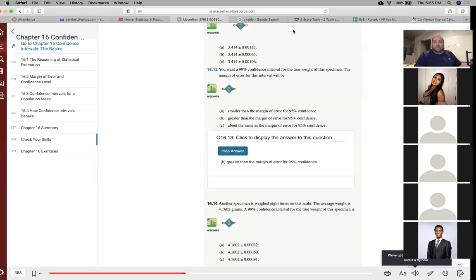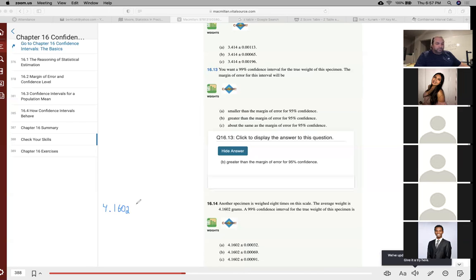Someone else walk me through the steps for at least the math, not the equation, what the expression would be for the confidence interval. What would I write? You would put 4.1602 for the mean. Excellent.